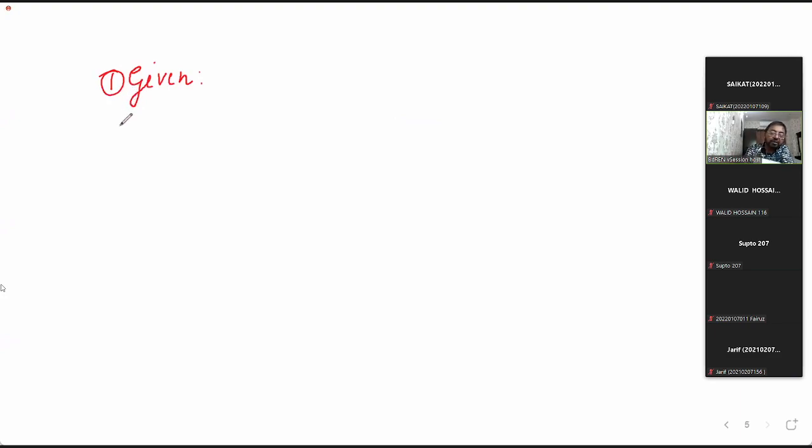The barrel diameter is given as 65 millimeter, if I make a mistake, please correct me. The length of the screw is given as 1.75, sorry, not millimeter, it is meter.